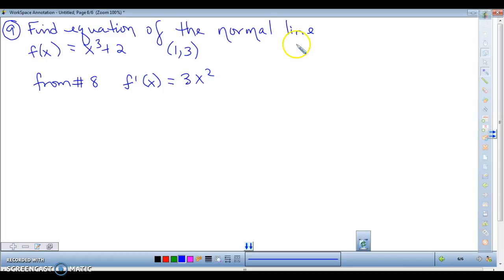Okay. Normal line is perpendicular to your tangent line. And perpendicular lines have opposite reciprocal slopes.